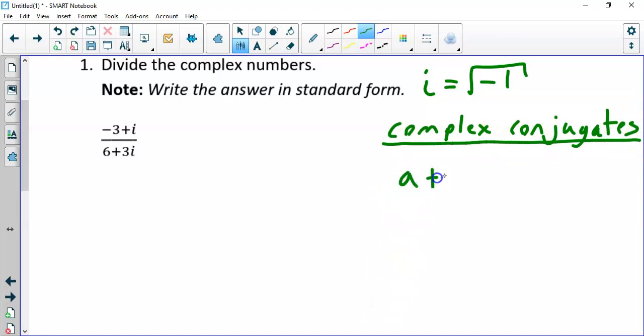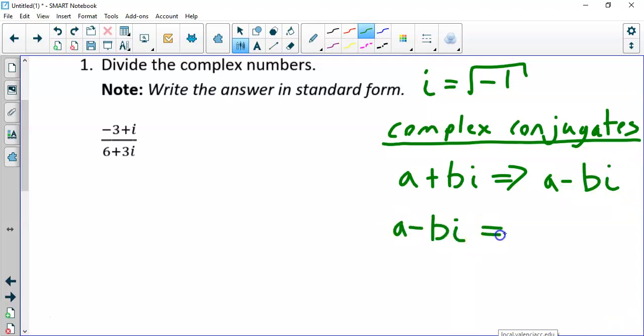So if I had a plus bi, the complex conjugate would be a minus bi. If I had a minus bi, the conjugate would be a plus bi.